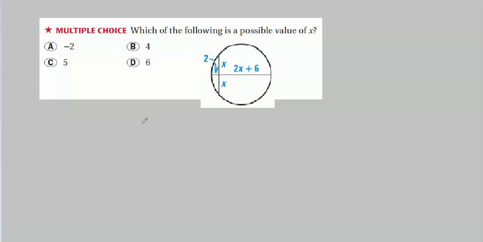What does that mean? Well, it means that x times x, or x squared, is equal to 2 times 2x plus 6. And I think we can do that in our head without messing up. Maybe. And that's 4x plus 12. So we just write that into our standard form so we can factor it and see which one of these numbers makes sense to us.